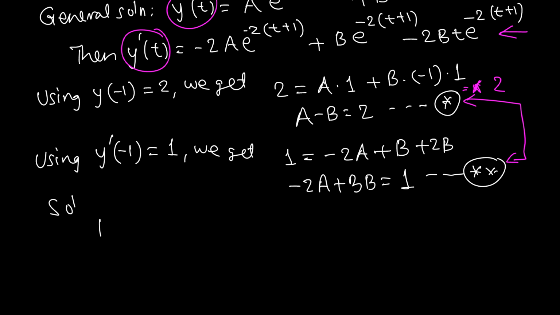So solving, 2 times 2 is 4 plus 1 is 5, so b is 5. Now we can plug b equals 5 here in star or in double star, it does not matter. So a minus 5 equals 2, so a equals 7. b is 5, a is 7.